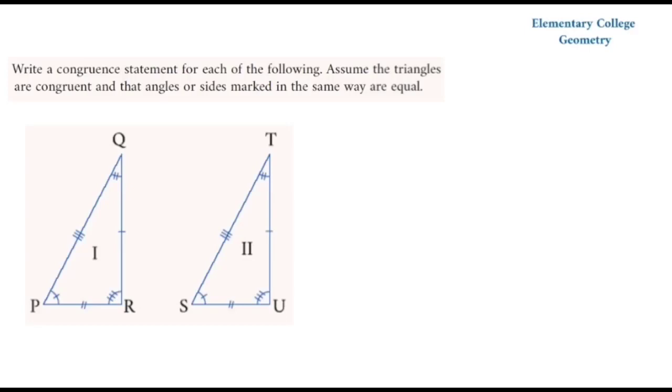So for sides, two sides of PQ and TS are equal, and two sides of RP and US are equal, and two sides of QR and TU are equal.